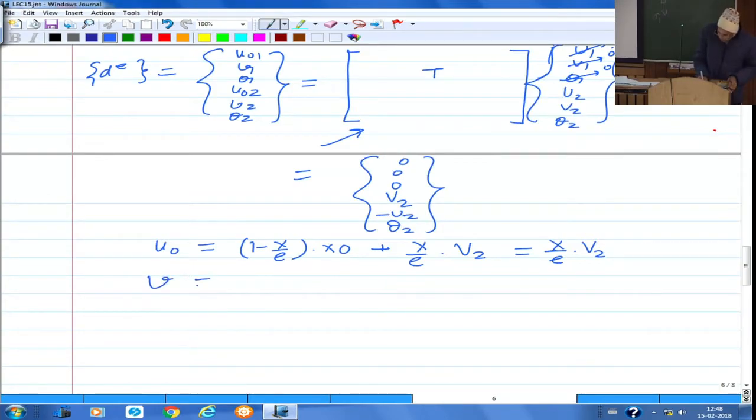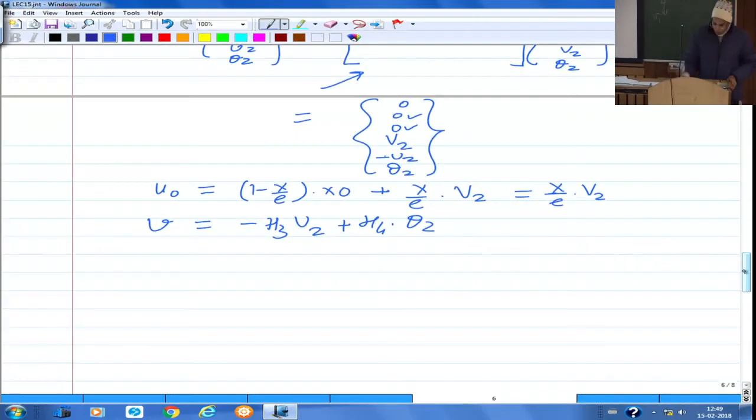Similarly, if you look at v, you see that v1 and theta 1 are 0, and only v2 and theta 2 remain. So you will have minus H3 because of this minus, into u2, plus H4 into theta 2, and the H1, H2, H3, H4 expressions are already with you in terms of the local element x-axis.